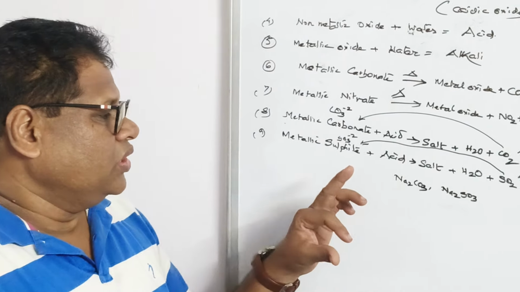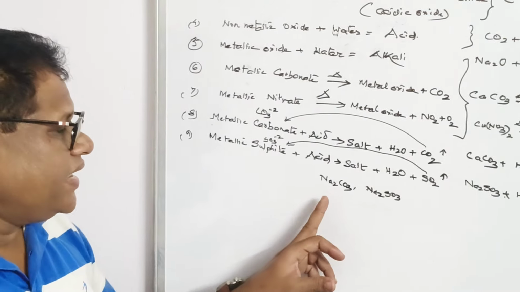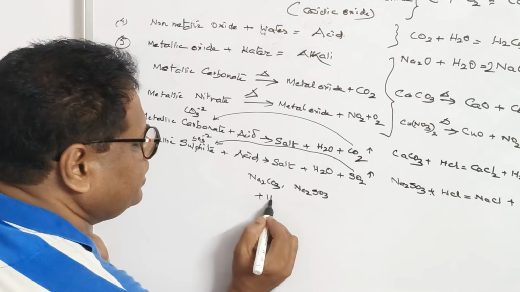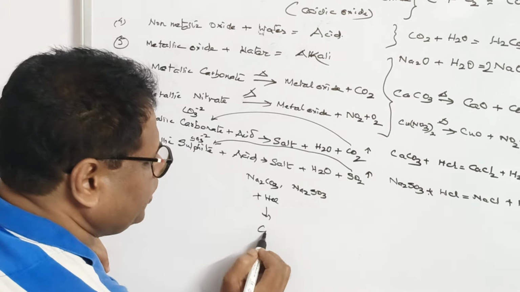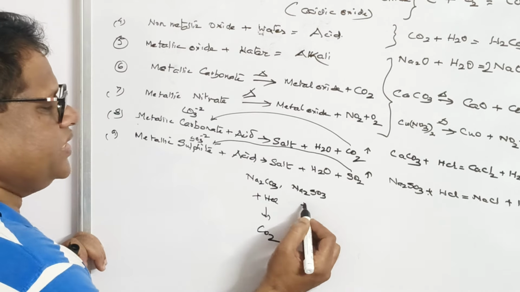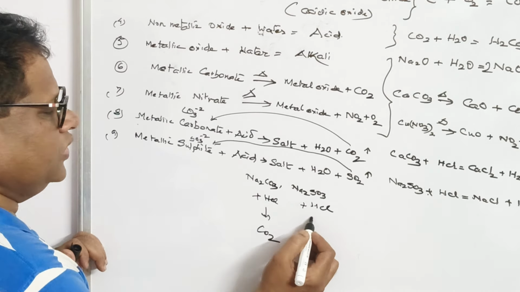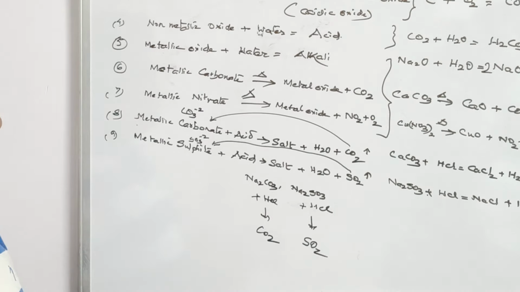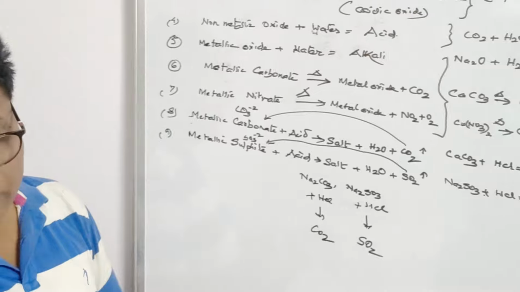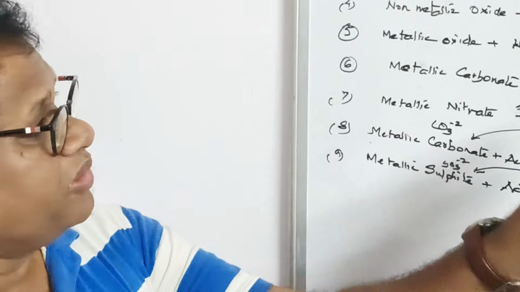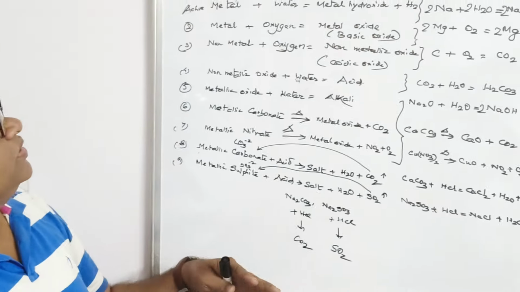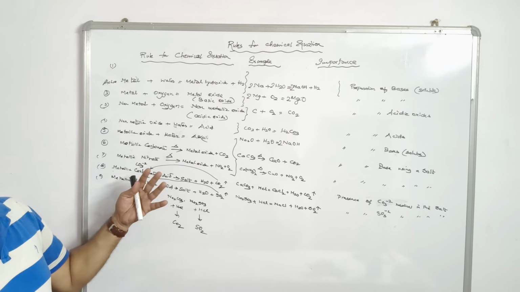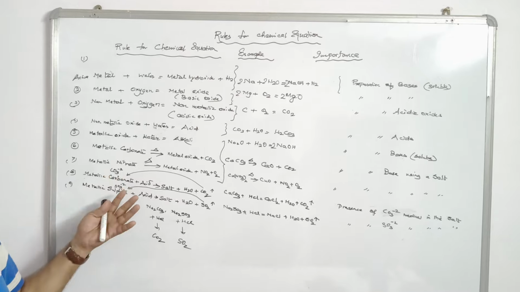So the chemical test is add HCl to both of them, that means plus HCl, this will give you CO2 gas, and plus HCl, this will give you SO2 gas, right? So this is how you can differentiate between the two salts. So there might be questions based on chemical properties. So the properties of chemical reactions are very important, and you know, this is the backbone of chemistry. Without equation, chemistry is history.